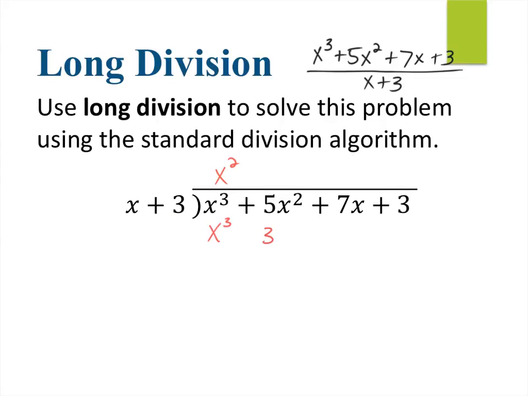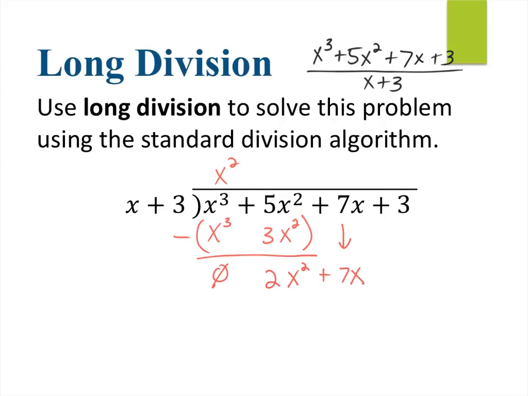And now I subtract everything. x to the power of 3 minus x to the power of 3 is 0. 5x to the power of 2 minus 3x to the power of 2 is 2x to the power of 2. And then my next term comes down, plus 7x.